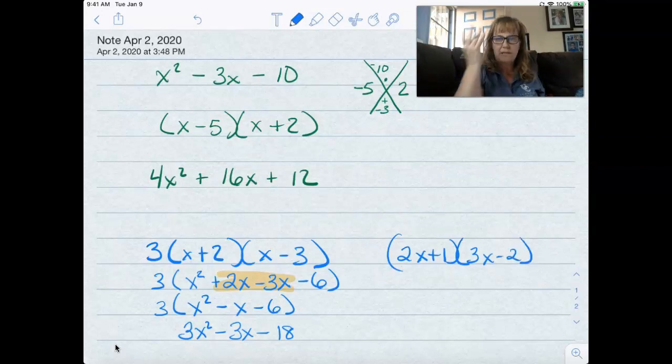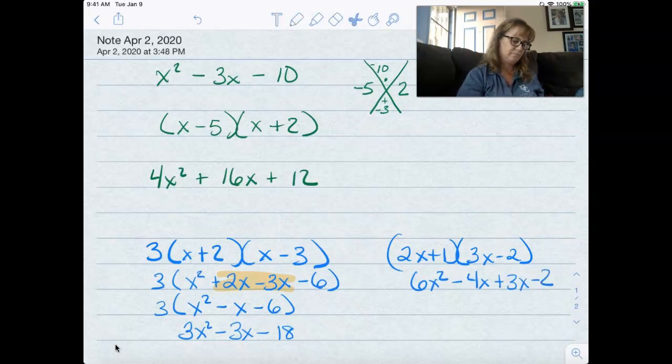Well, when you do this, you would end up with 6x squared minus 4x plus 3x minus 2. Well, you've got your like terms here that need to combine, and so you would end up with 6x squared minus x minus 2.